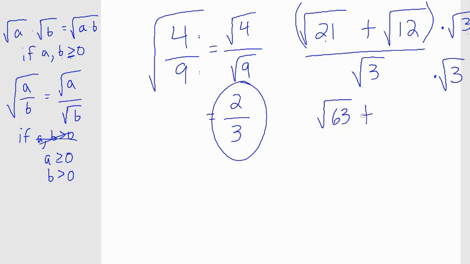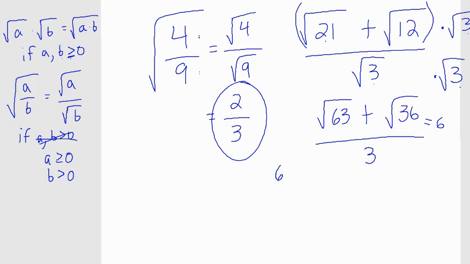And plus 12 times 3 is 36. Now, usually when I was multiplying binomials with the radicals, I said make sure you simplify first. I didn't happen to do that in this case. I probably should have, but it actually works out nicely. And then square root of 3 times square root of 3 is just 3. Okay. Well, square root of 36 nicely simplifies to 6.